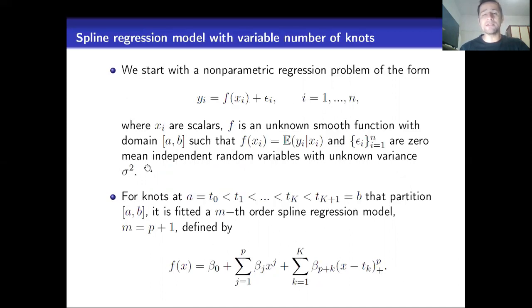We expand this unknown function in a spline basis through the determination of these knots, and then we have as a result, for example, an mth order spline regression model if we fit an mth order polynomial on each segment of the interval.